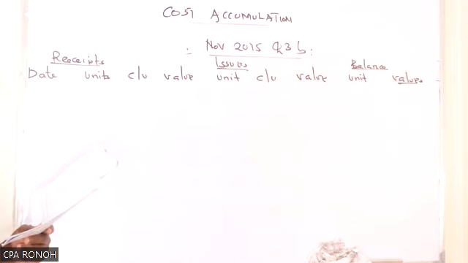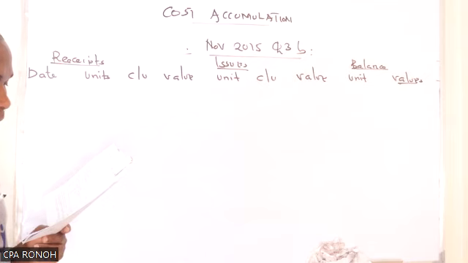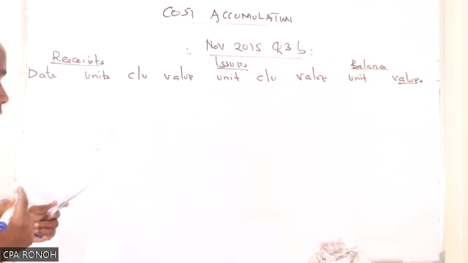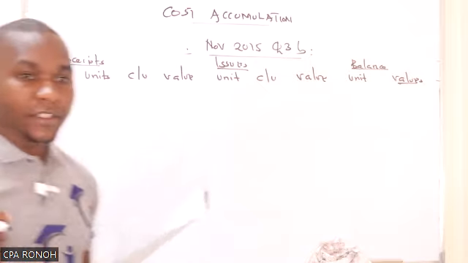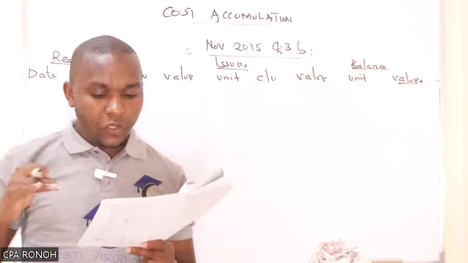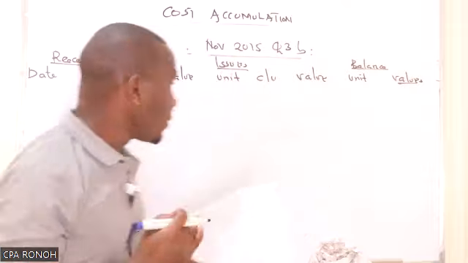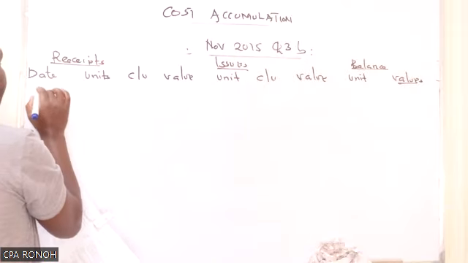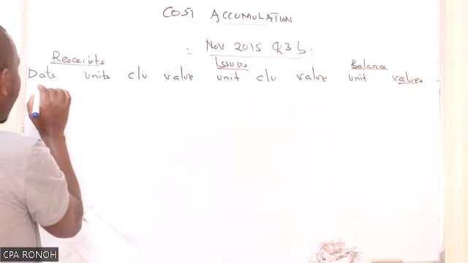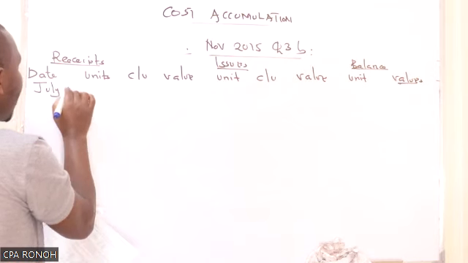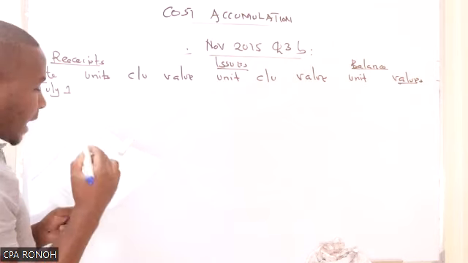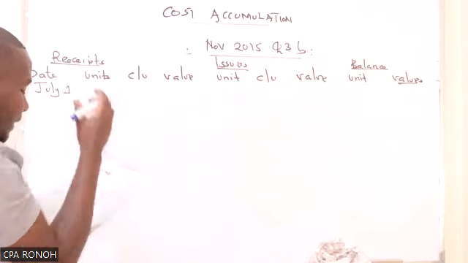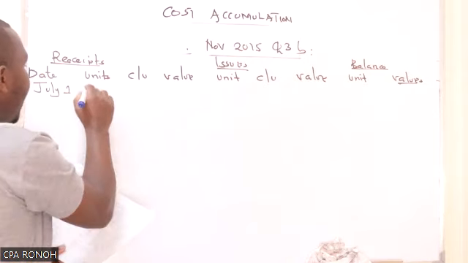So they have told us the material in store at the start was valued at this. We are preparing a store ledger card for the period of July 2015, so the first date is 1st July. The number of units is given as 2,000.